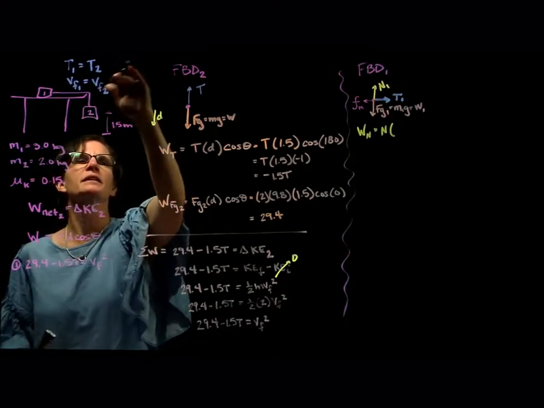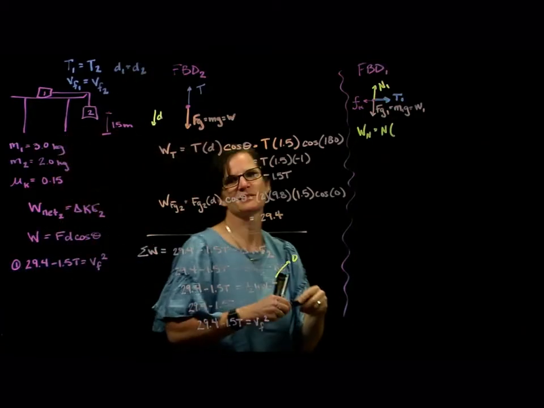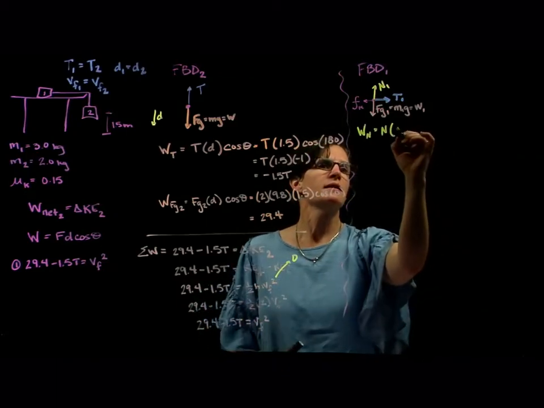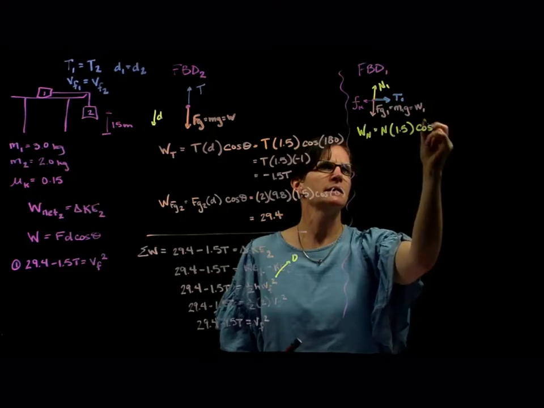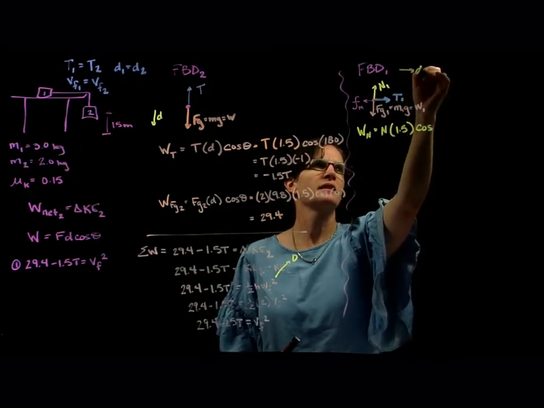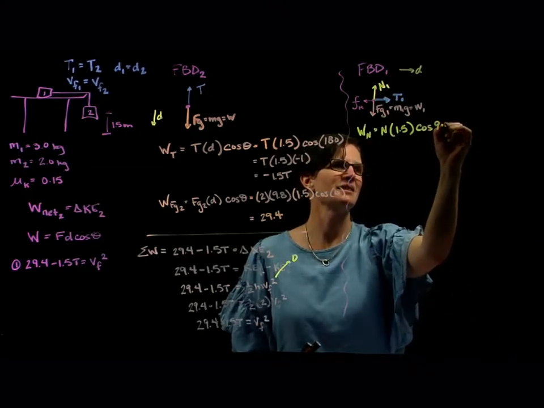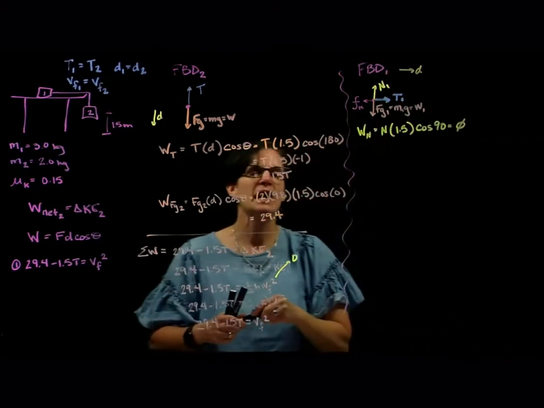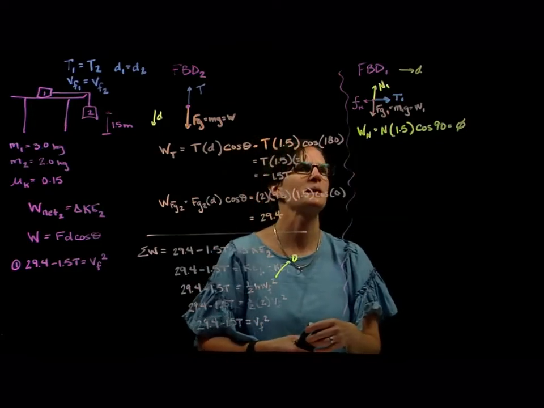So D1 equals D2. So another relationship. So that's 1.5 times the cosine. Well, again, that's the direction of our distance. They're perpendicular, so that is 90 degrees. That goes to 0. All right? A perpendicular force does no work. We already talked about that conceptually.